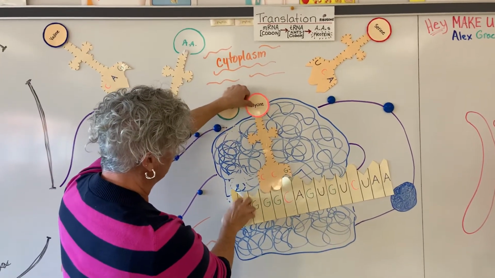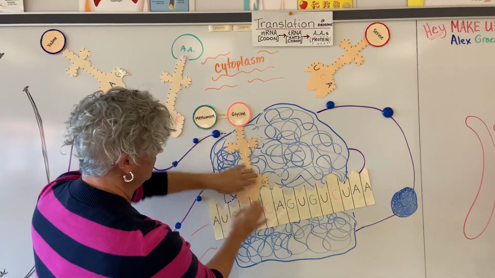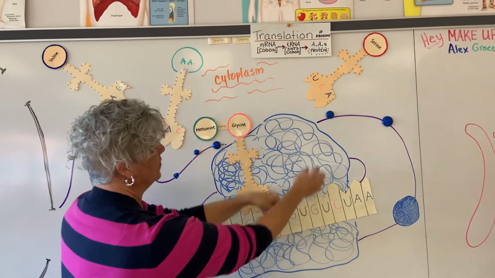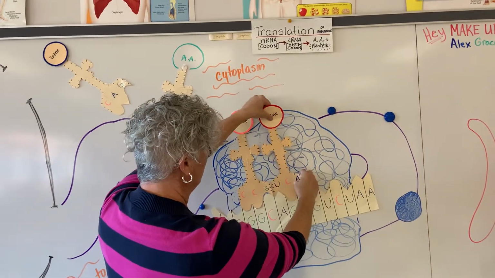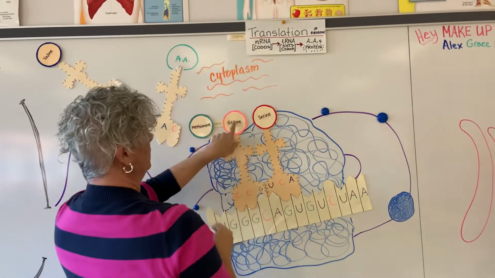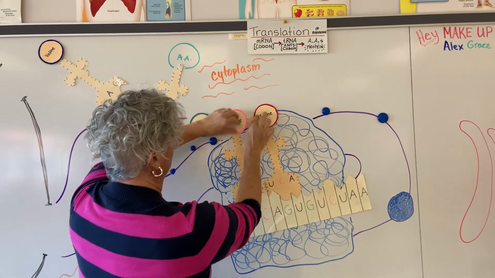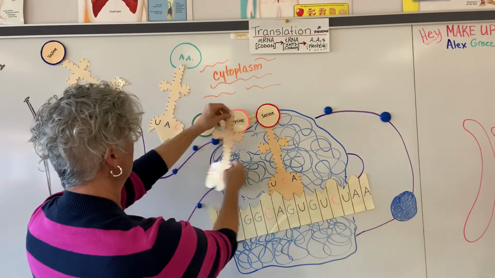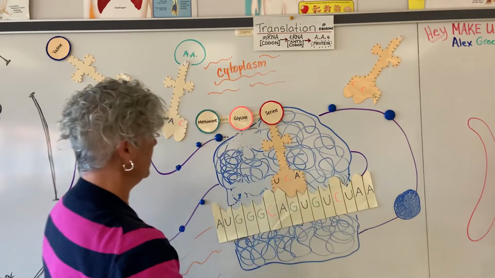This whole thing will shift, kind of like a cash register tape again, further in. We'll read the next codon, AGU. That will allow the anticodon, UCA, to come into the ribosome, lock into place. And a bond will form between the next two amino acids. This tRNA will release, go off into the cytoplasm, and find another amino acid to bond to.